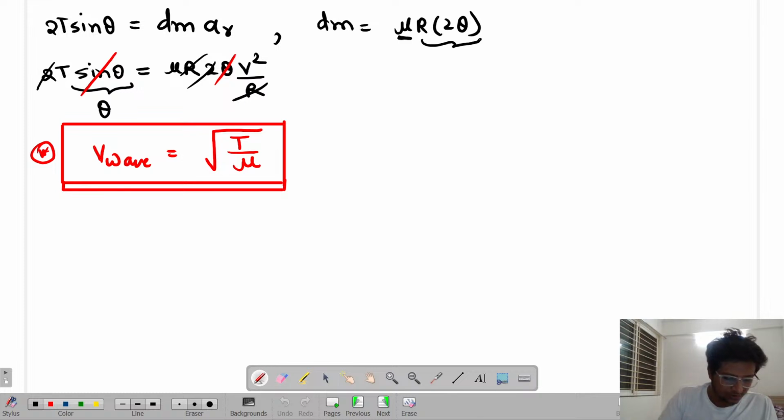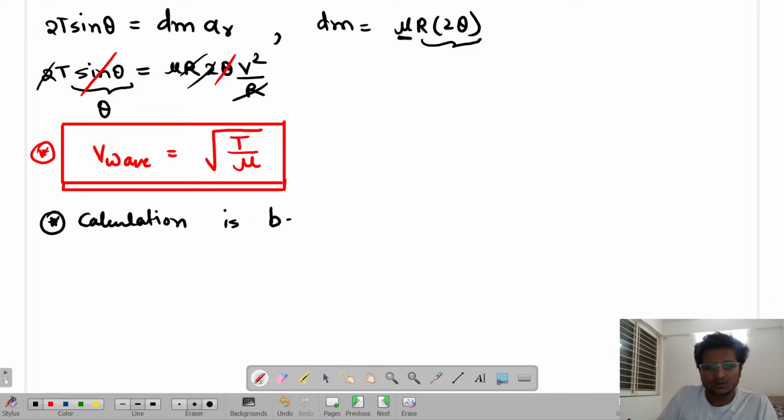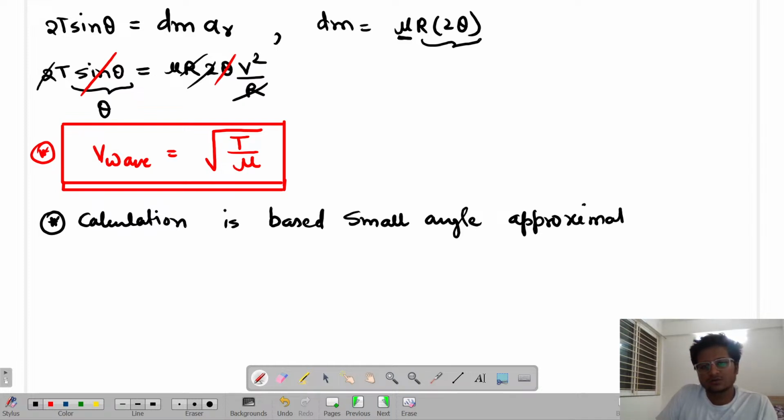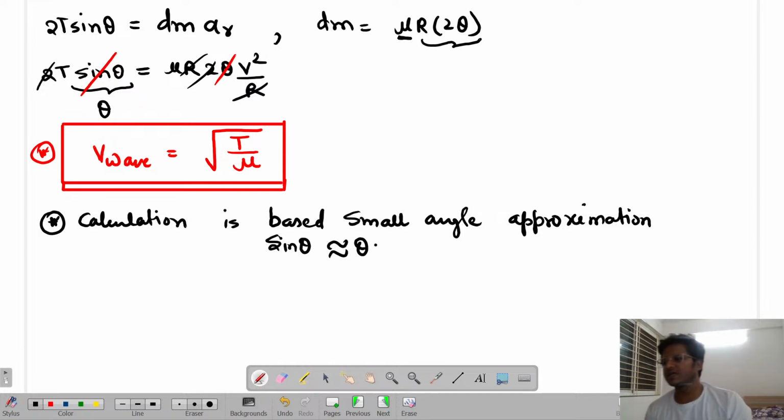It's not only about the question. First of all, this calculation is based upon a small angle approximation, in which we say that sine theta will be almost similar to theta. Is that clear or not?